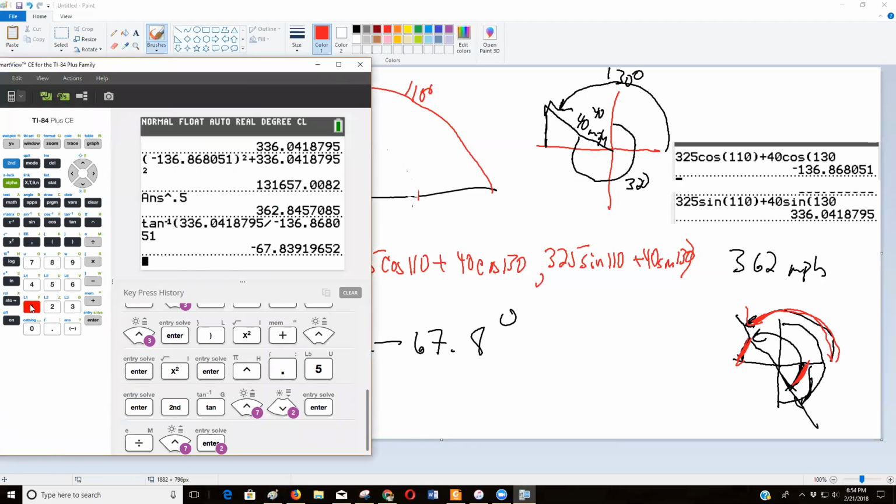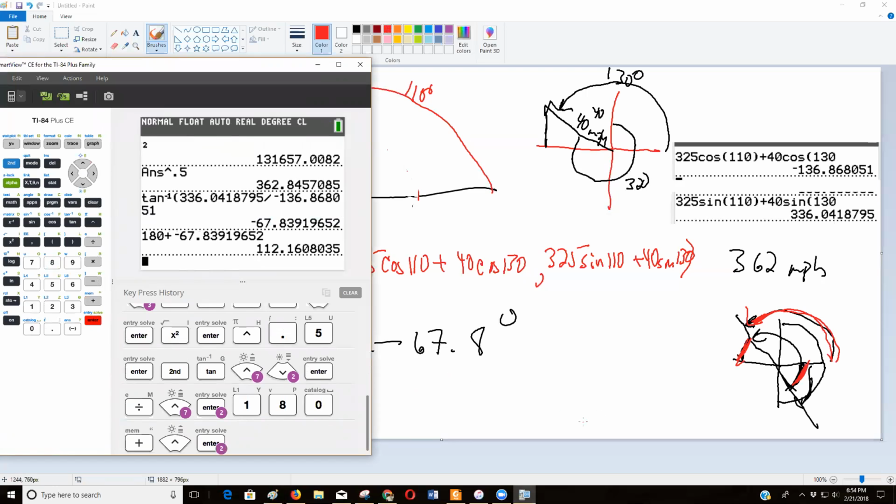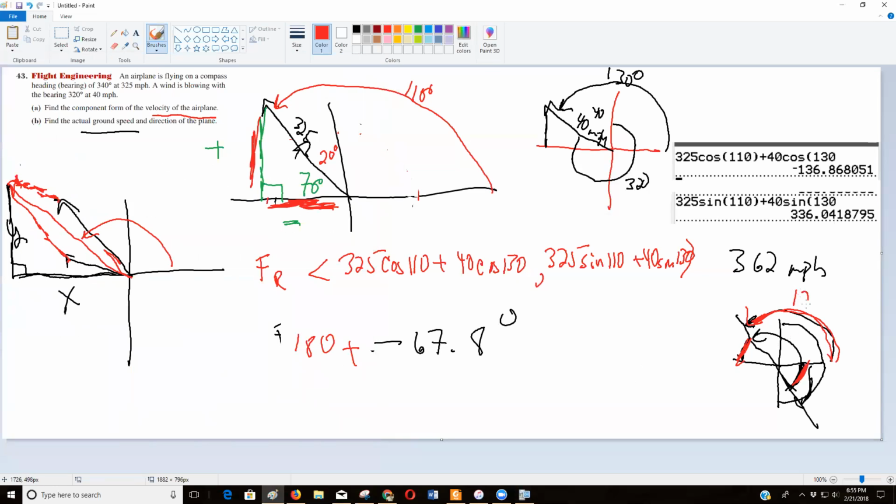So 180 plus that answer is 112.2. So this angle here is 112.2.